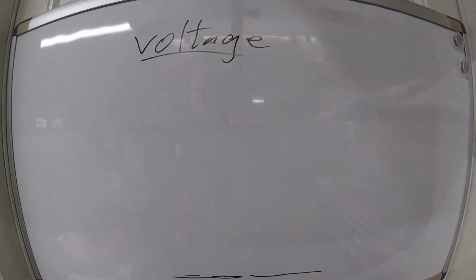Voltage is defined as electromotive force or a difference in potential. And all that means is that we're measuring, or we're talking about, a difference in electrical energy from one location to another.